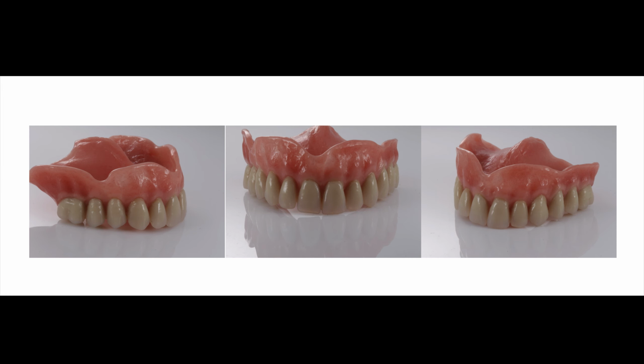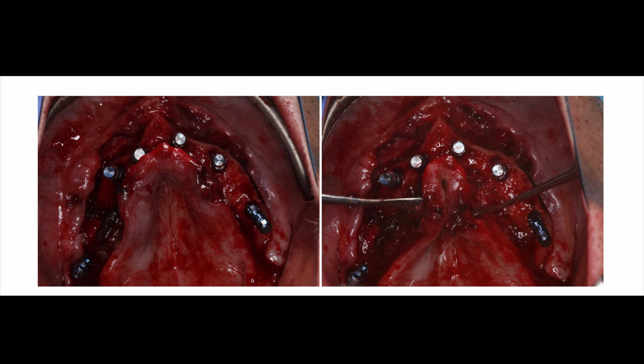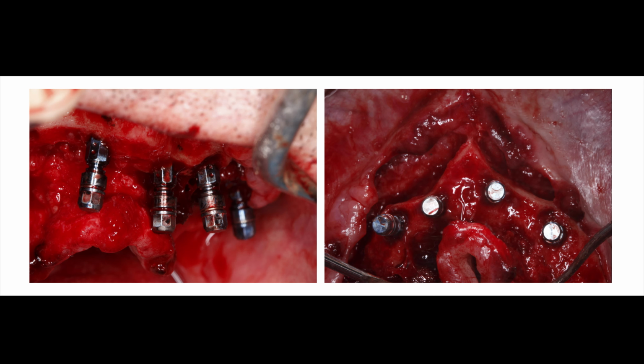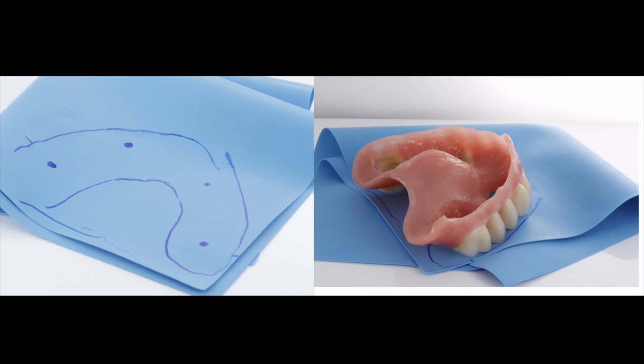These are the surgical pictures, and then we had a prosthesis ready, and after that we placed some pins, and then with the implants, the best option, we did a pick-up technique.